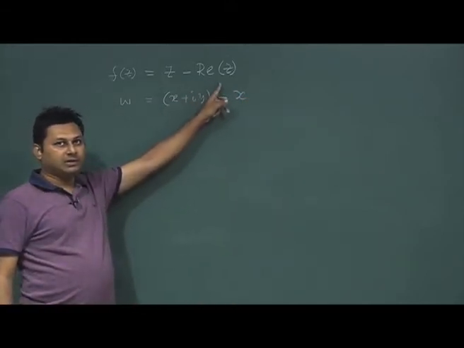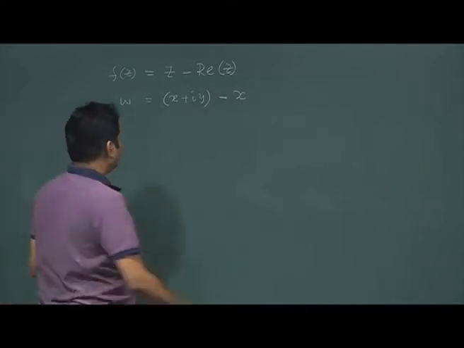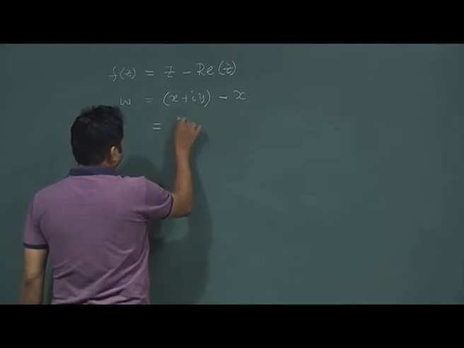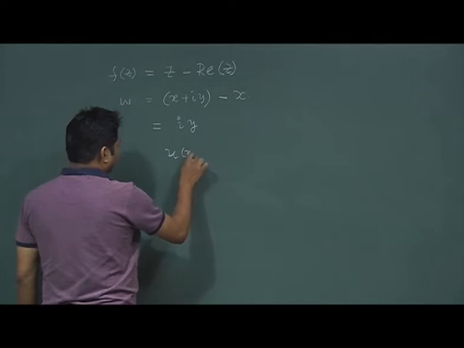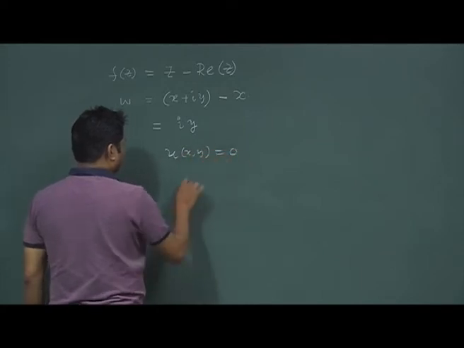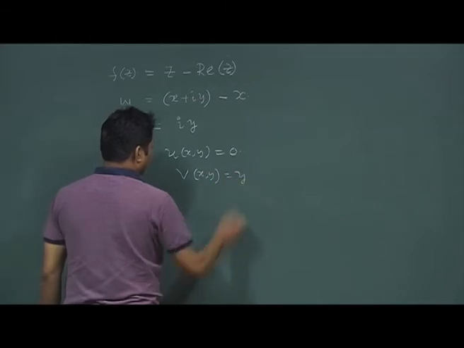Real part of z means only the real part. So if I write, it is just iy. That means u of x,y here is 0, and v of x,y is y.